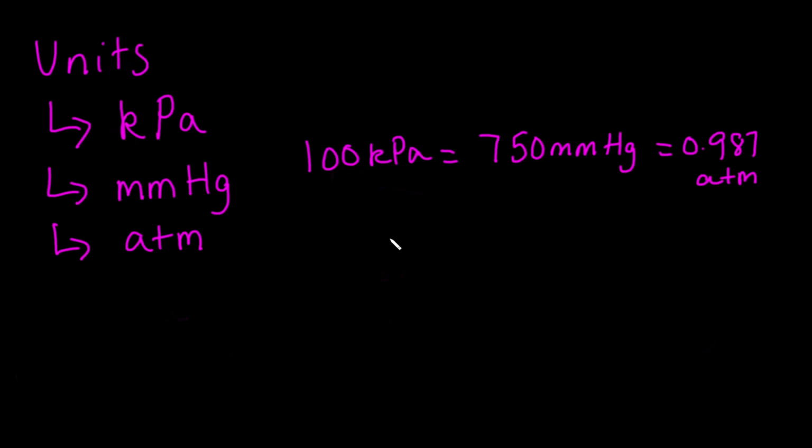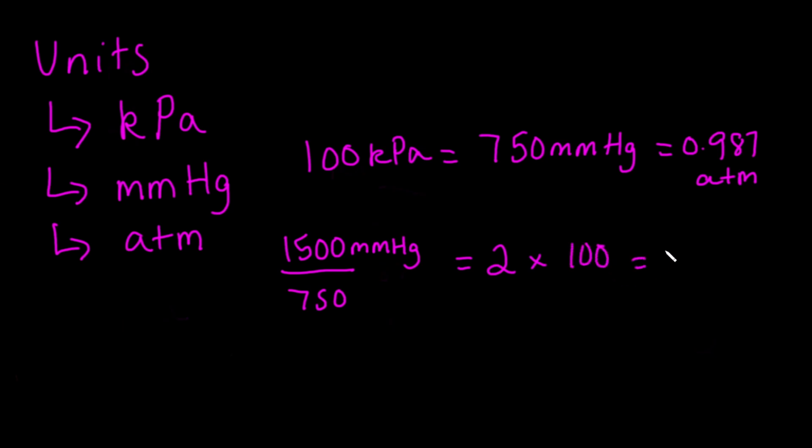A quick example would be if I knew that I had 1500 millimeters of mercury pressure, and I wanted to convert that to kilopascals, I'd first divide this by 750, which gives me 2 times 100 kilopascals, which is equal to 200 kilopascals.